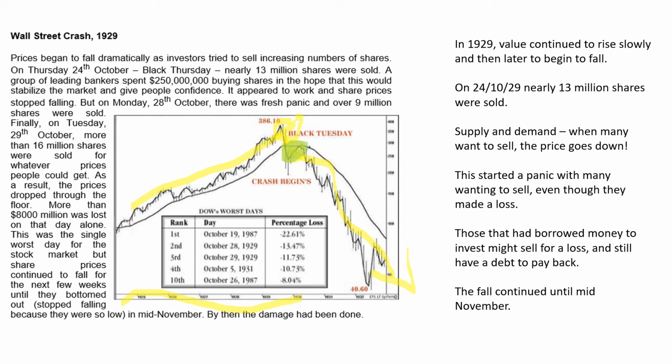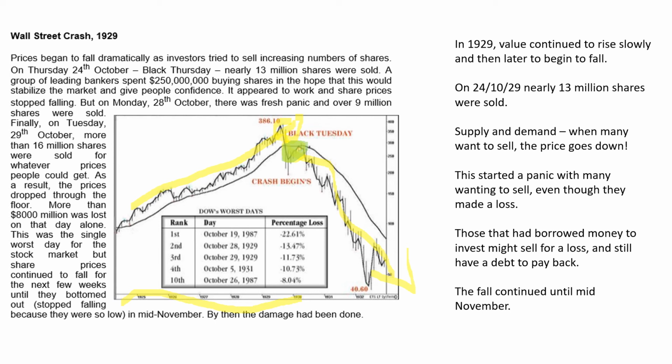If many people want to buy and there's not enough items for everybody, the price will go up because people need to compete. But if many people want to sell and not many people want to buy, then the prices will go down. People are competing to find a buyer, so the price goes down until somebody agrees to buy.